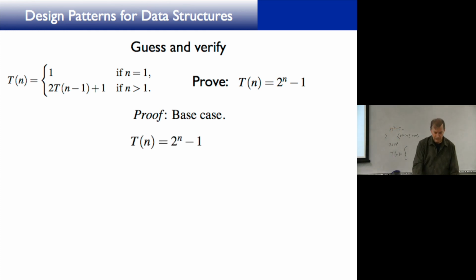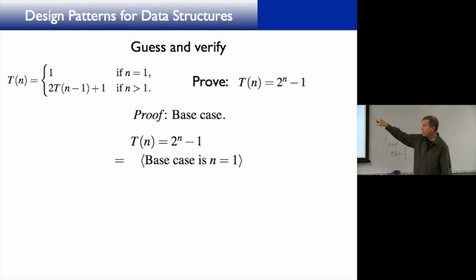So proof, base case: T of n equals 2 to the n minus 1. And then this equals, by the base case, and how do we know what the base case is up there? It's if n equals 1. So then you put 1 in. And then what do you do? T of 1 by the what?